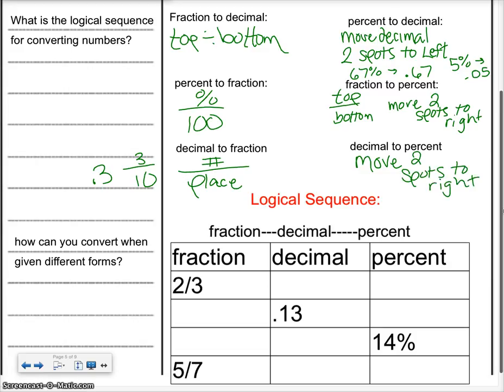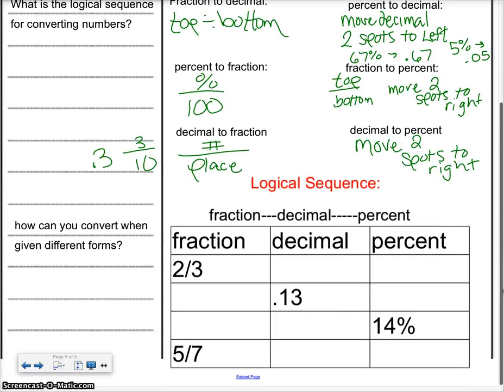Even if you feel like you are a master at this, we need to get it fresh on our minds, because it's been about a year probably or longer since you've been actually converting between all 3 forms, so we can start solving with proportions and stuff. So here's the logical sequence. You always start with a fraction, turn it to a decimal, then turn it to a percent. That's how I do everybody's grade.